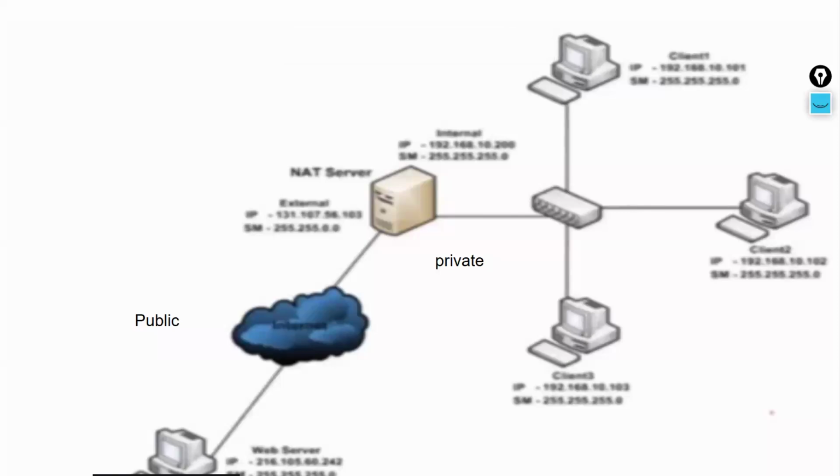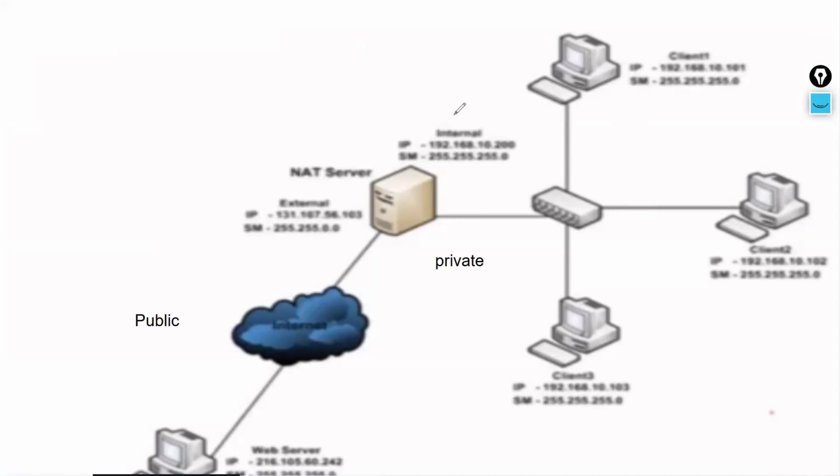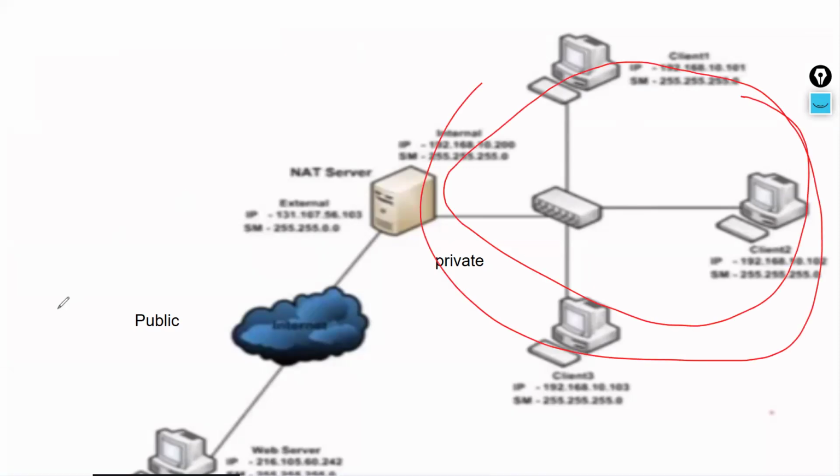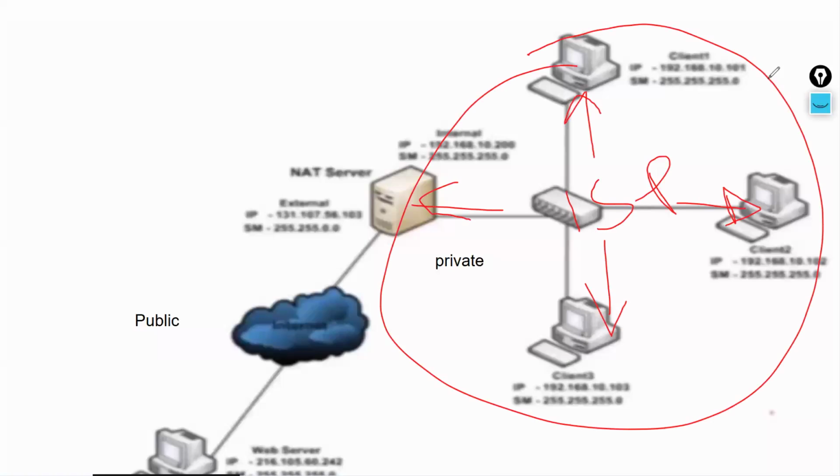So let me explain this. The whole thing is the same network. Whatever the ISP, the internet service provider, gives the internet cable to your home, it is the same for all the people. So all these laptops or private machines are connected to each other by internet cables. These are all in the same network.